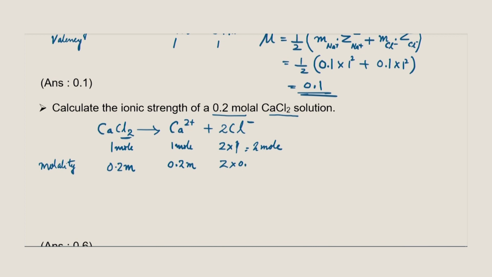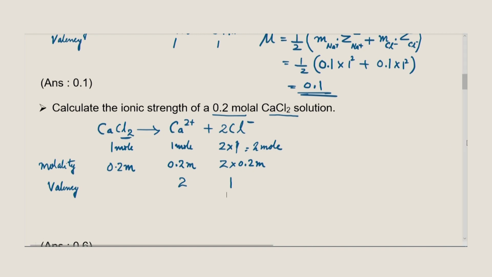So, that is 2 into 0.2 molar. Now, we will write the valencies. Calcium, the valency is 2 because it has got 2 plus. Chloride, unit negative charge, therefore, its valency is 1.